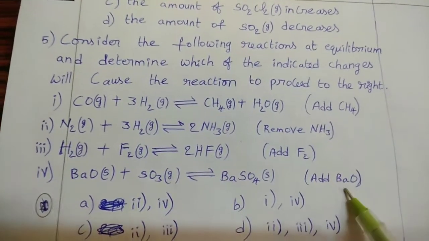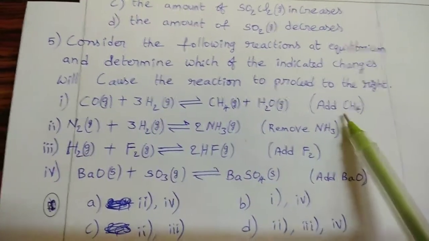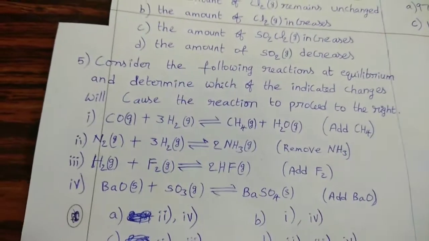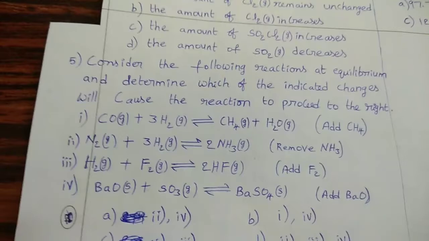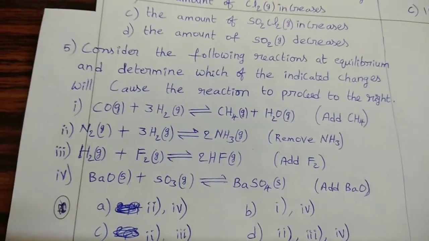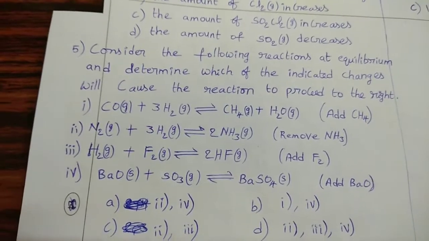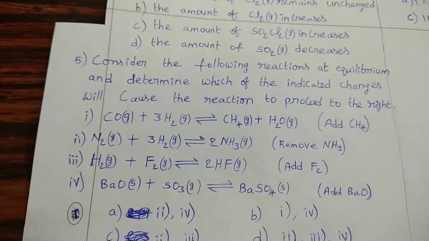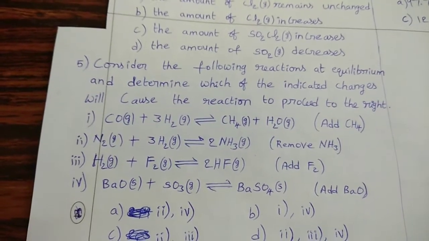See this: adding CH4, product concentration increases, then equilibrium is disturbed and the backward reaction is favorable. Second one, remove NH3, product concentration is decreased, so the equilibrium shifts towards the right, that means towards the product.